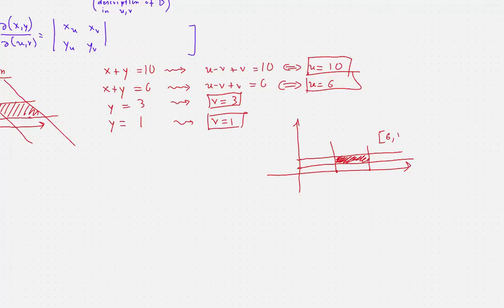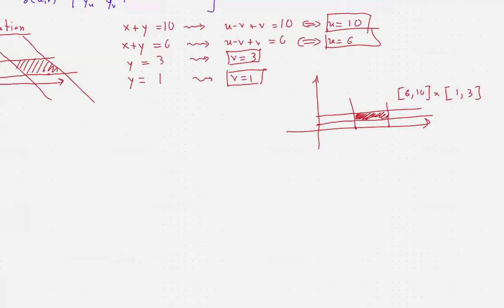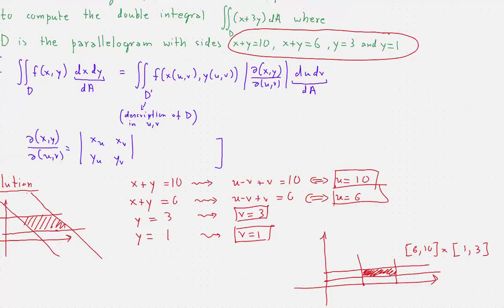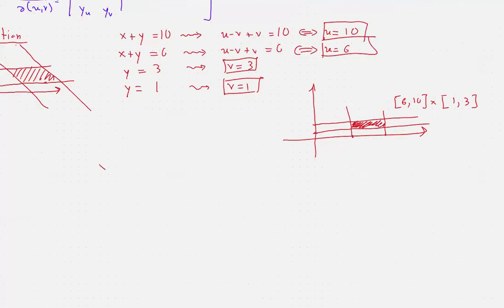Okay, how about the integrand? So the integrand is x plus 3y. So x plus 3y is going to become u minus v plus 3v, which is u plus 2v. So that's the new integrand.